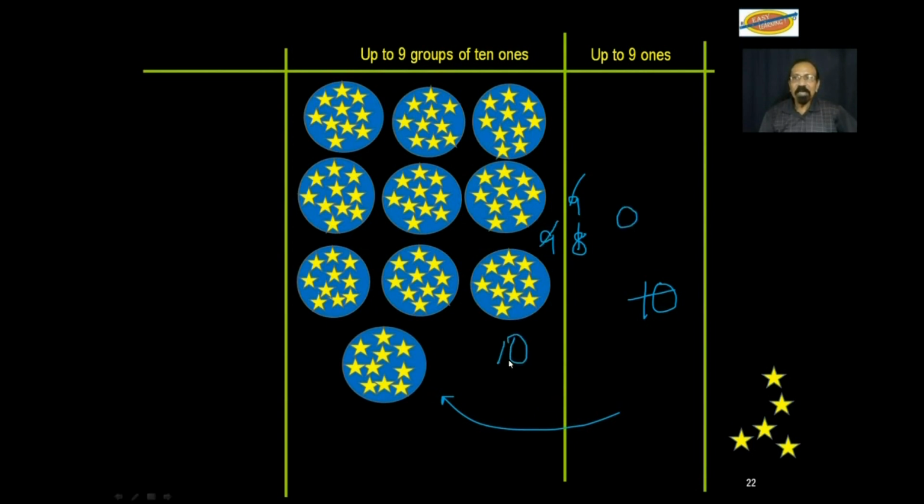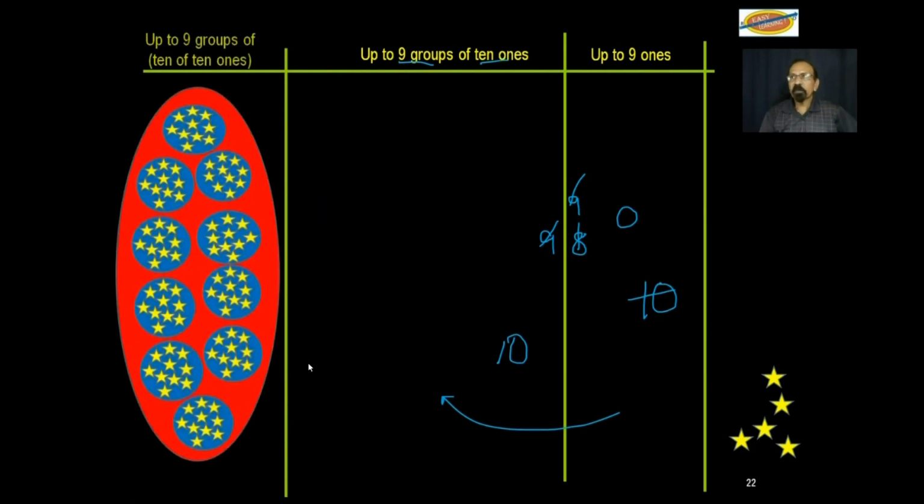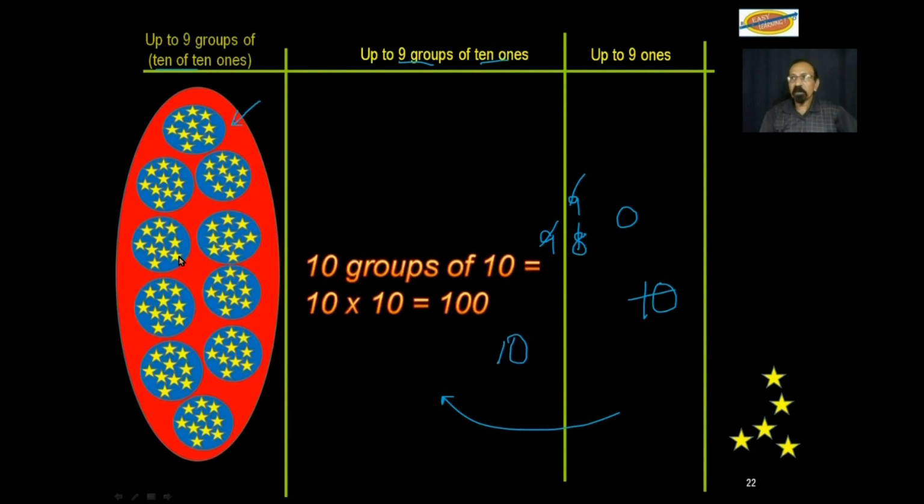And we cannot write 10 in any one of these columns because this column could take up to 9 groups of 10. So what we will need to do is group those into one large group of 10 of 10s and put it over here.